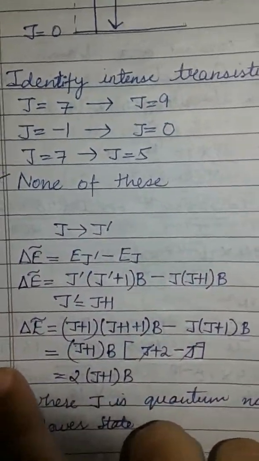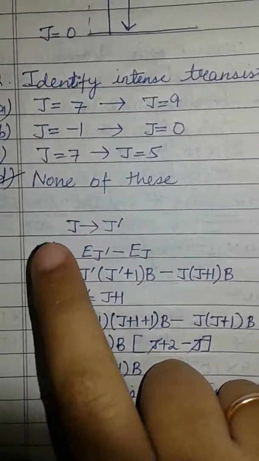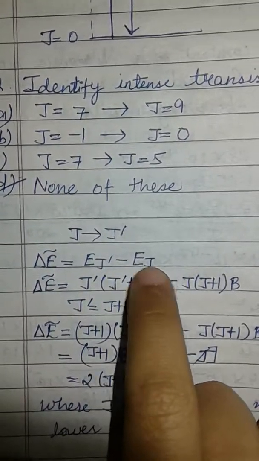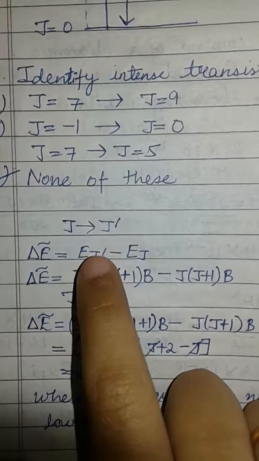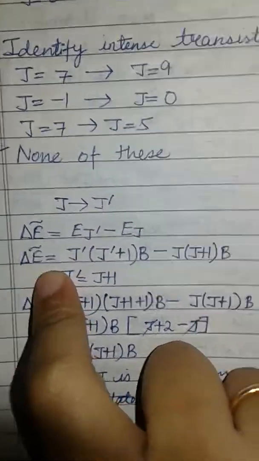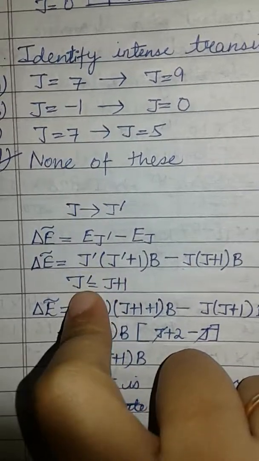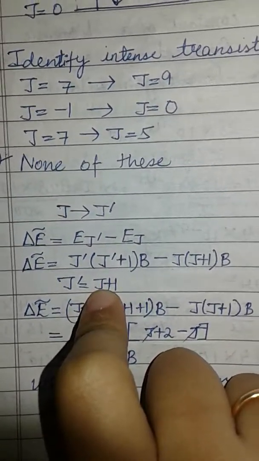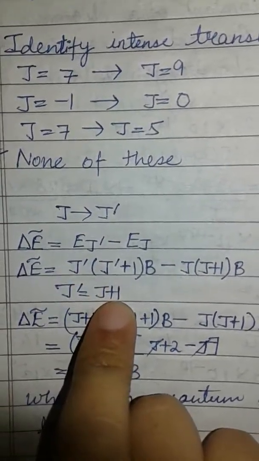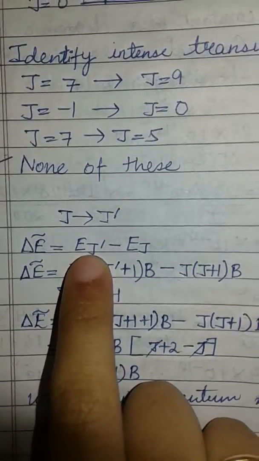Now if we solve for the delta E value, then it will be EJ dash minus EJ, where the transition is from J to J dash. So the J dash we are assuming to be J plus 1, because we are taking this at higher.